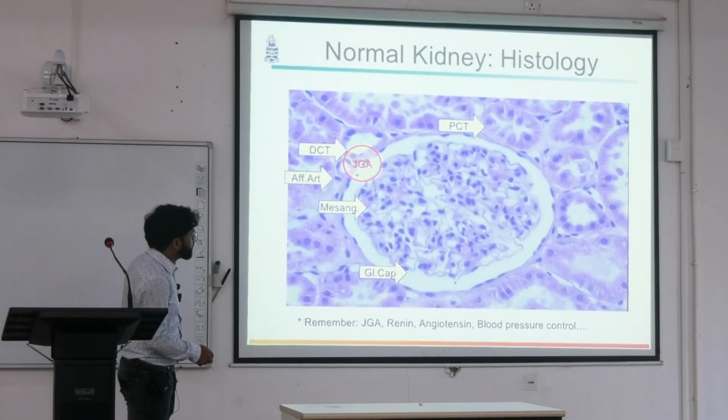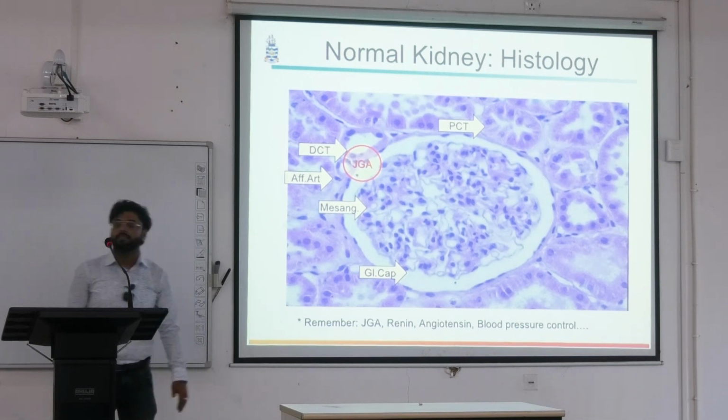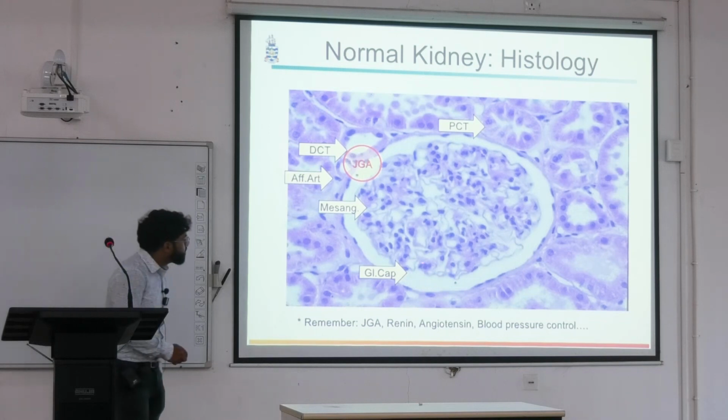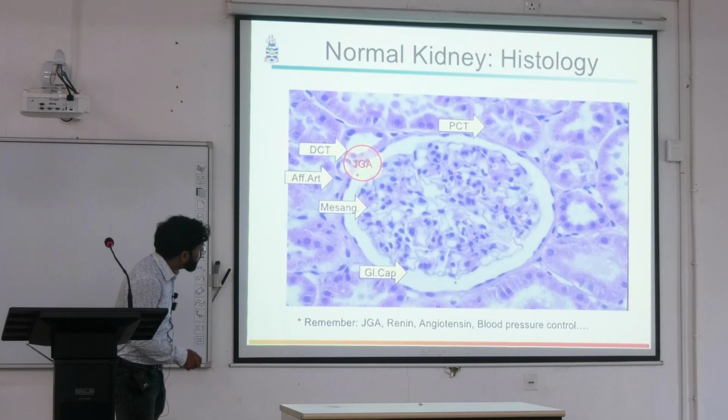In between the lumens, there is a matrix known as mesangium. Within the matrix, there is some cellular outline. The nuclei can be appreciated here, here, here, here. These are mesangial cells. The basement membrane of the capillary lumen on the outside is grabbed by some cells, and they have nuclei like this, like this, like this.